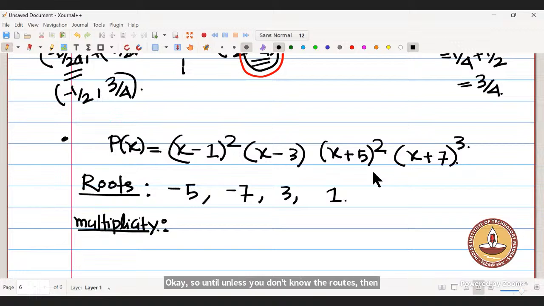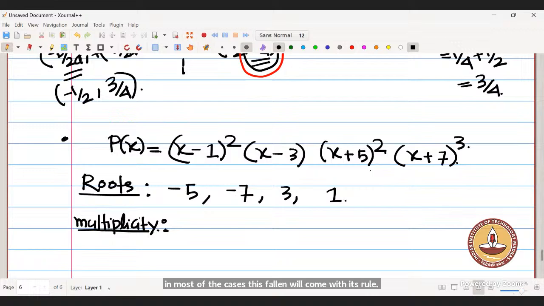In most cases, the question will give you the roots. If I give you some arbitrary 10-degree polynomial, it's really difficult for you to compute the roots, so in most cases the polynomial will come with its roots.